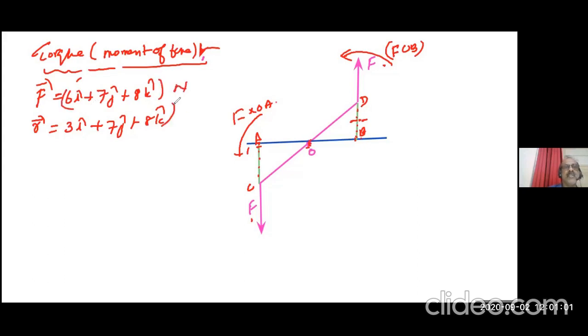This is Newton, this is meter. Calculate the torque acting on the object.